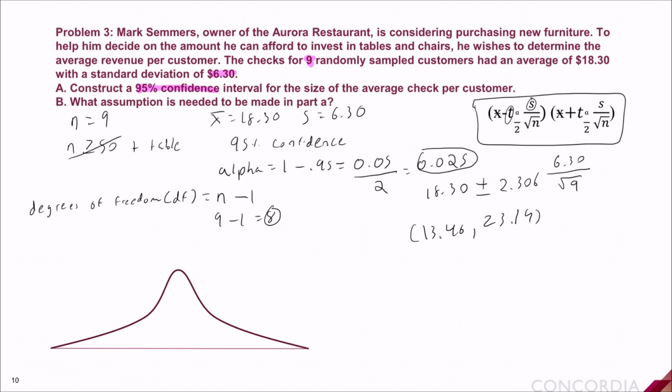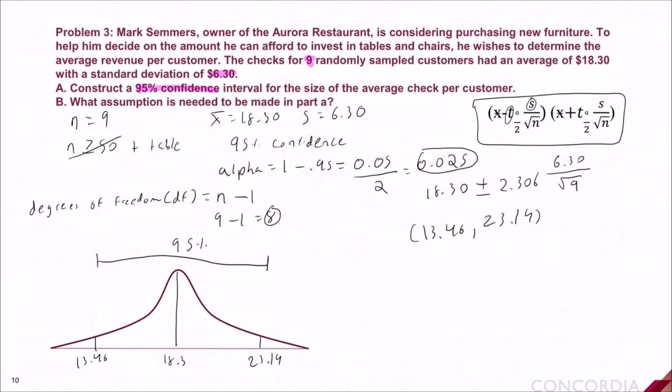Again, this means that we are 95% sure, or 95% confident, that the real average amount of money spent per customer is between 13.46 and 23.14, based on our estimate, or our sample mean, of 18.3.